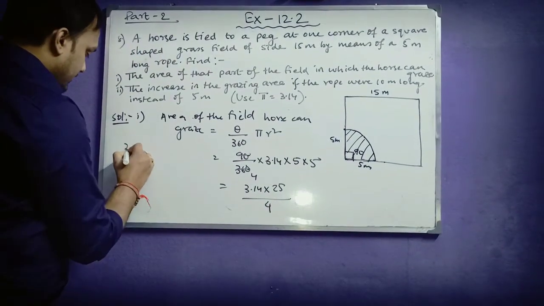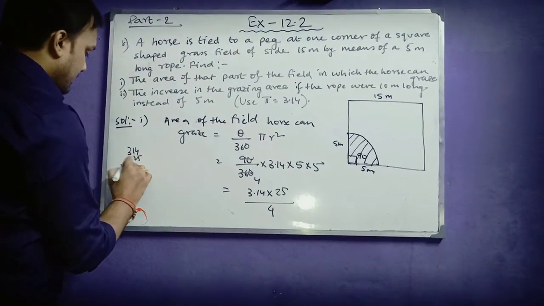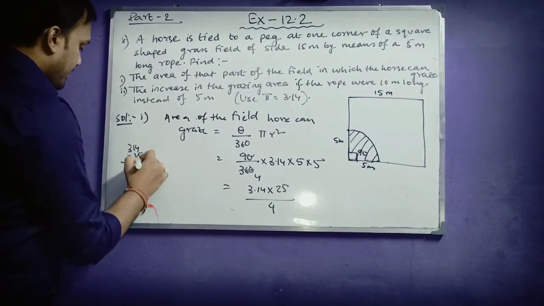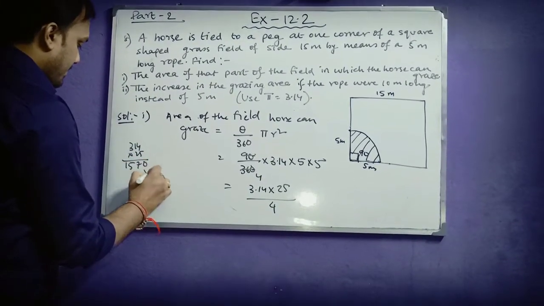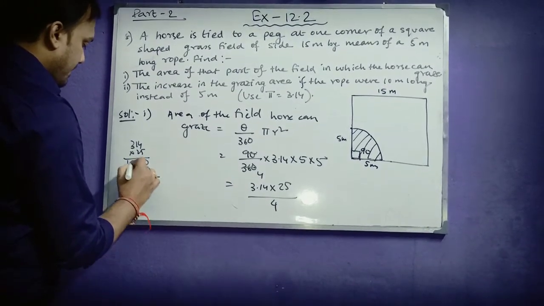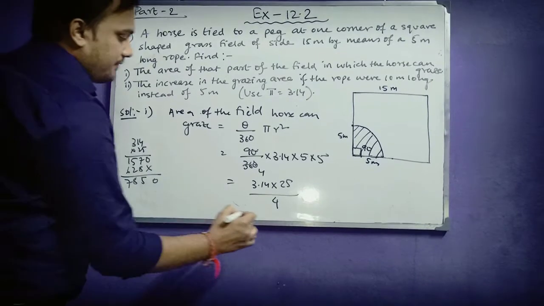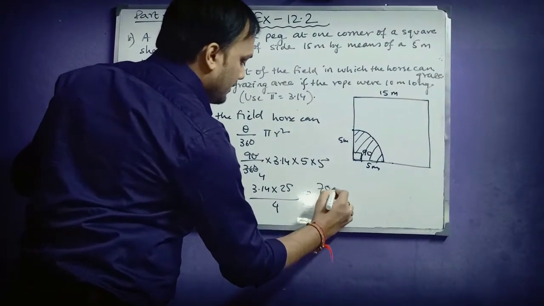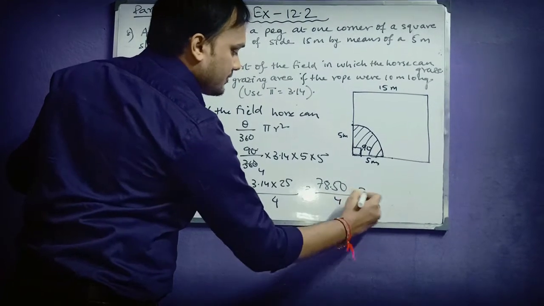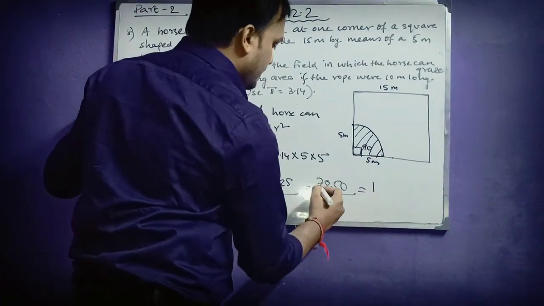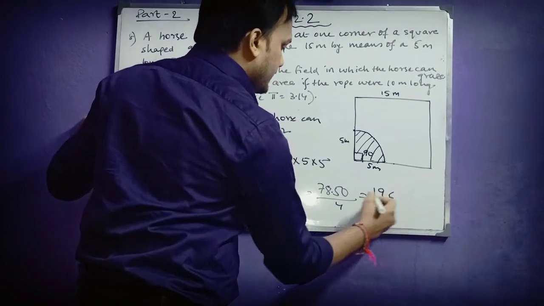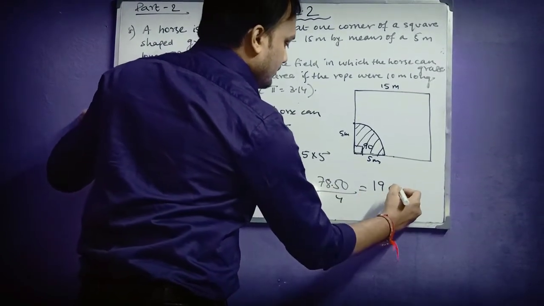That means 78.50 by 4, which will be equals to 19.625.